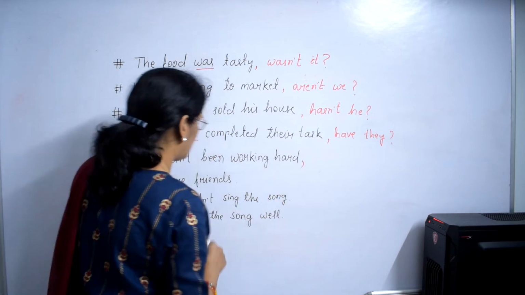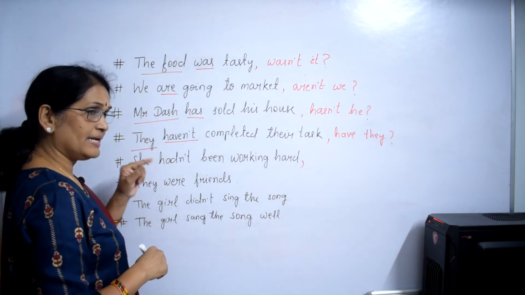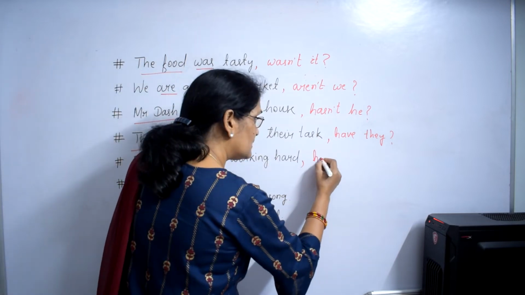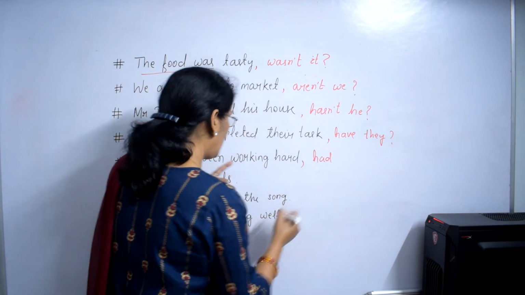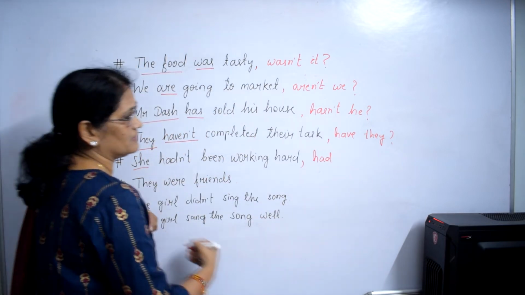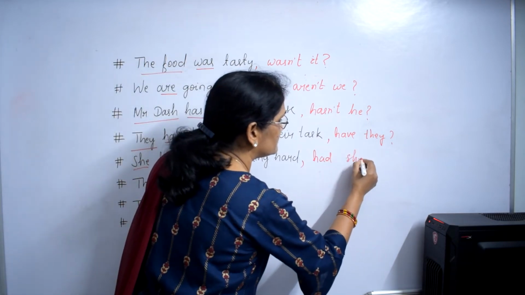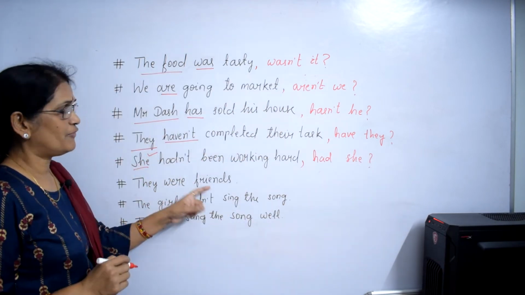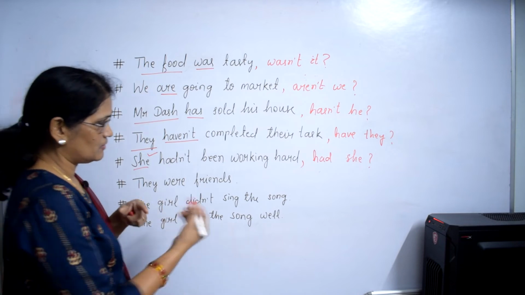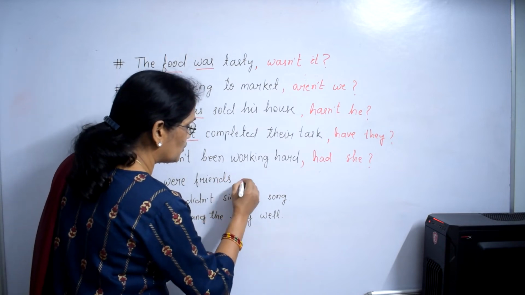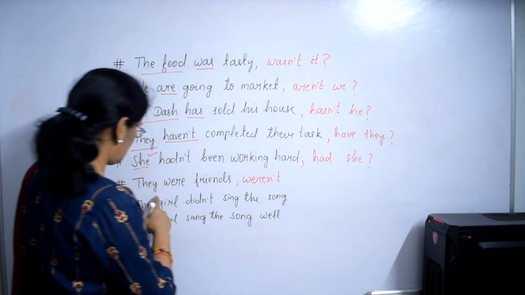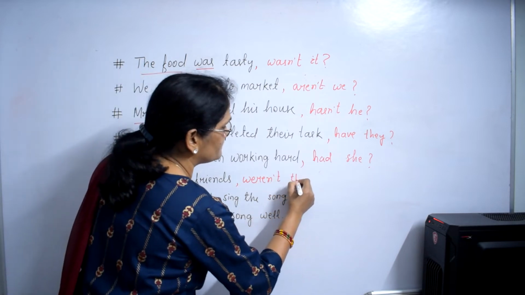It will be comma. Hadn't, a negative statement, will be positive. You should add a positive tag. Had. Okay, had she? Had she? Because she is the subject here. They were friends. Positive statement, we should add a negative tag. Weren't they? Weren't they?